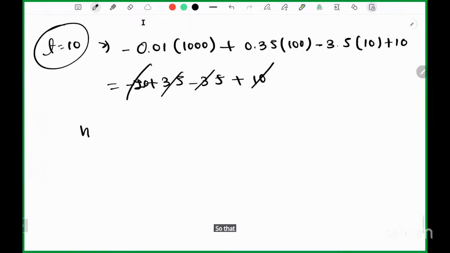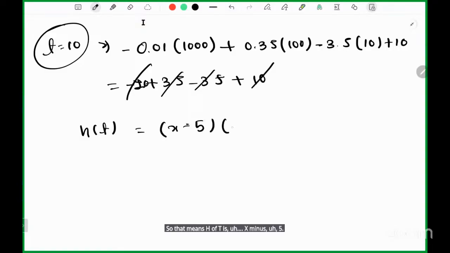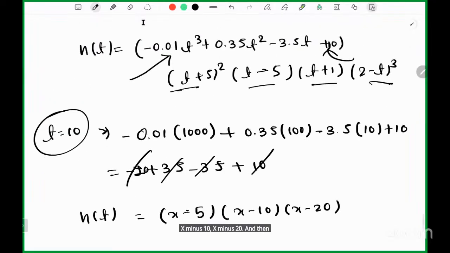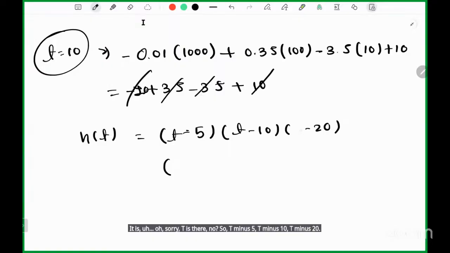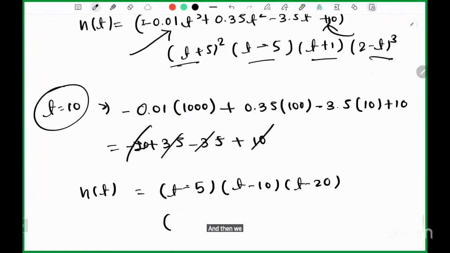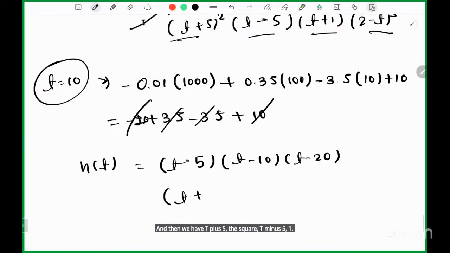So that means h of t is t minus 5, t minus 10, t minus 20, and then the leftover factors: t plus 5 the whole square, t minus 5, t plus 1.